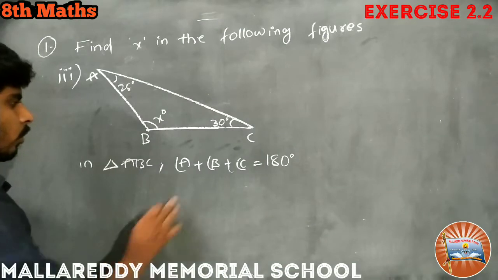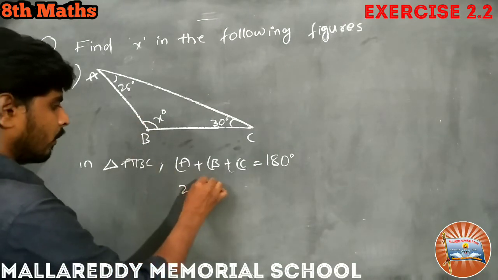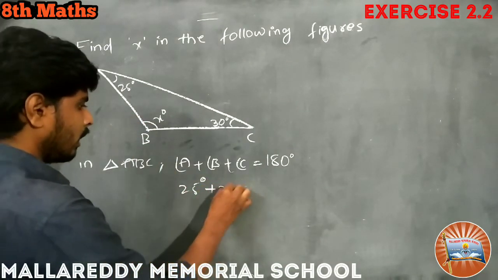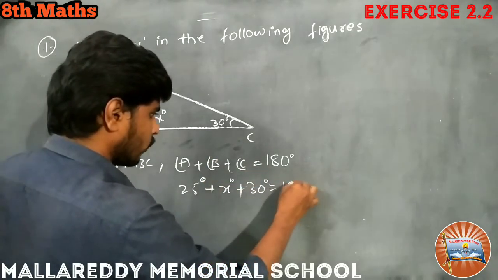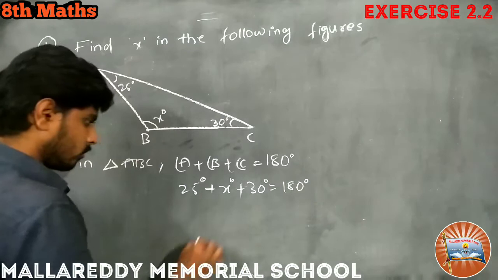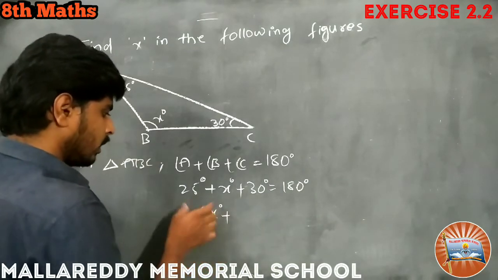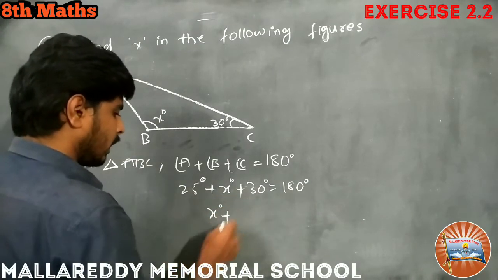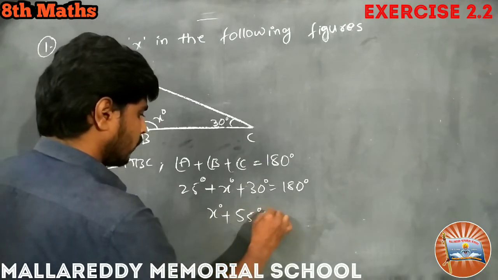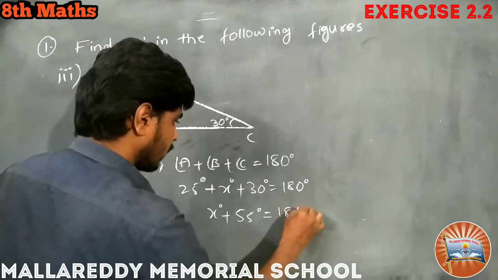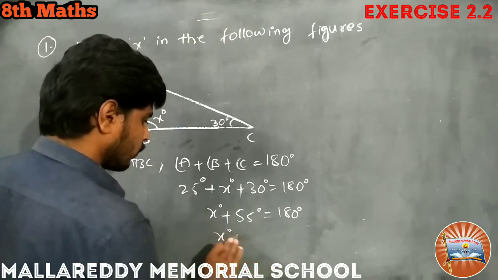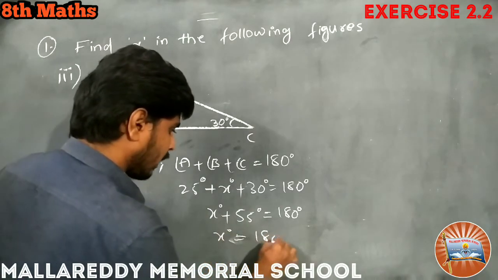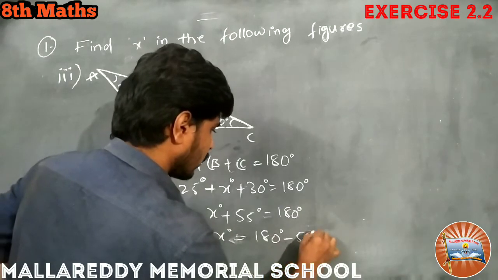Okay, so what is angle A? 25 degrees plus angle B, x degrees, plus angle C, 30 degrees, is equal to 180. So x as it is, plus 25 plus 30, which is 55 degrees, is equal to 180 degrees. Now x degrees is equal to 180 minus 55 degrees.